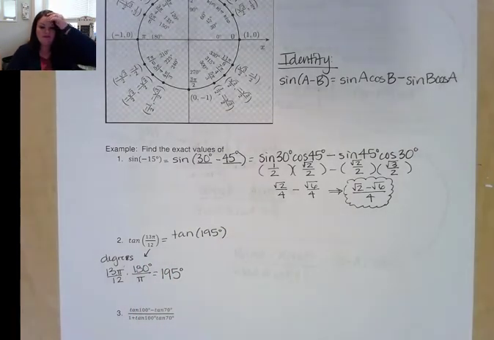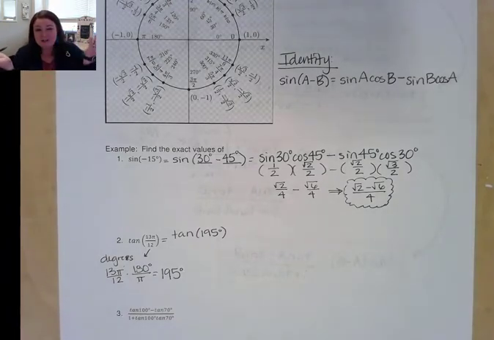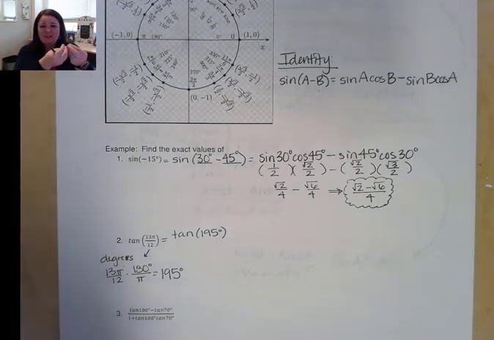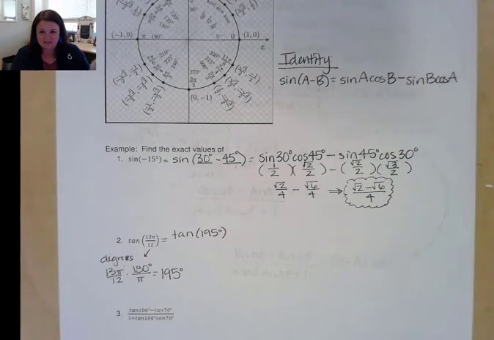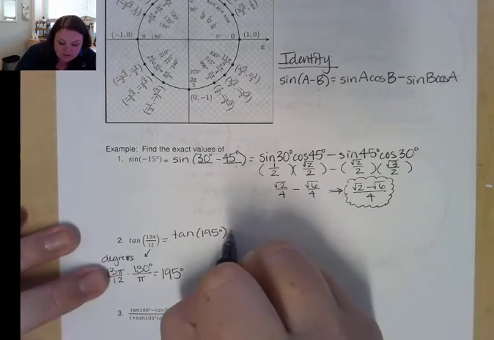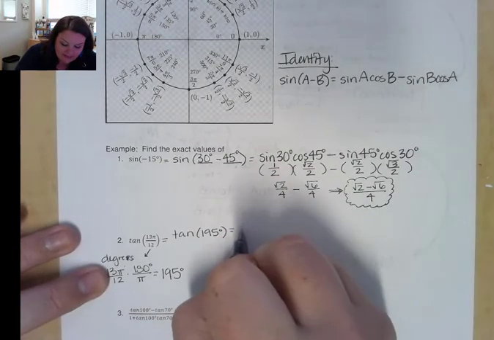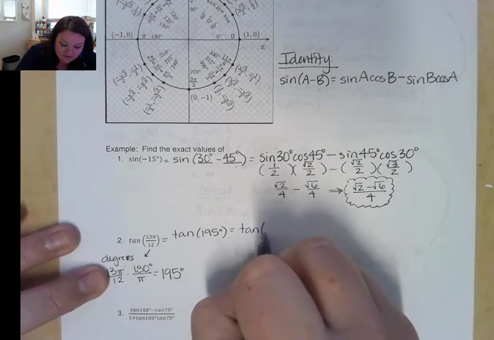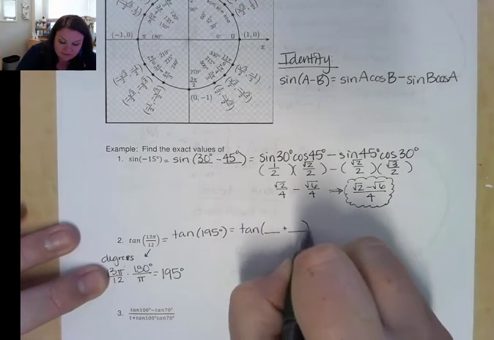Okay, so we're going to have to use one of our tangent identities. Doesn't matter which one. I prefer to do the addition because I feel like it's easier to find two things that add up to something than two things that subtract to something. So I want to be able to write this as the tangent of some number plus some number, right?